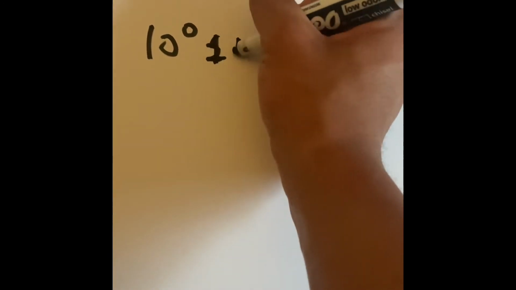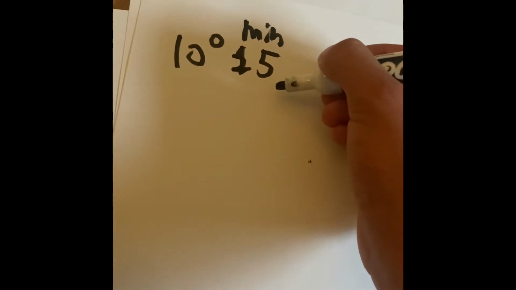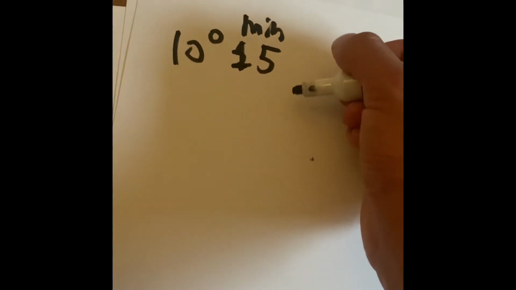Let's look at another example. Imagine a clock that makes an angle of 10 degrees with its hands, and it has 15 minutes. What we want to do is leave the number of degrees. What we actually have to deal with is the measurement of the time. We have to turn it into a fraction.